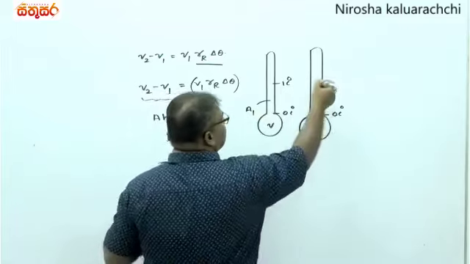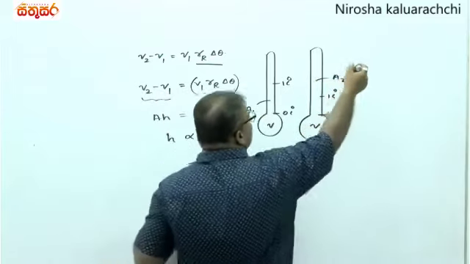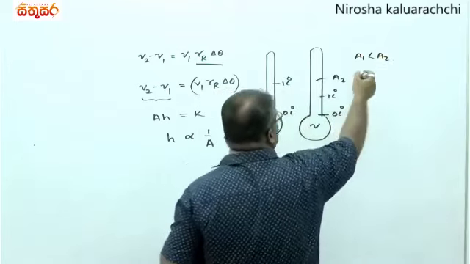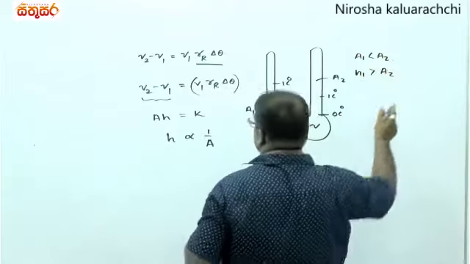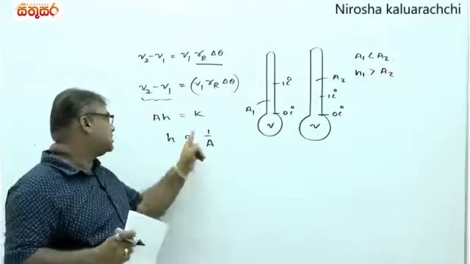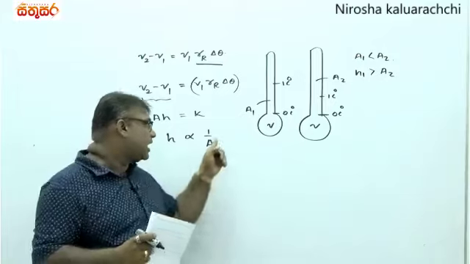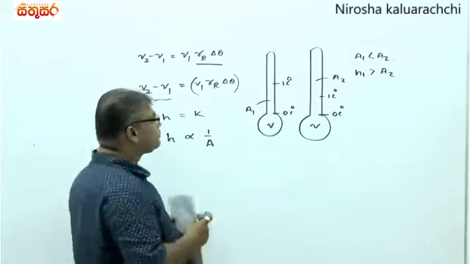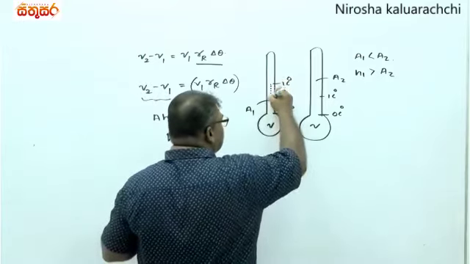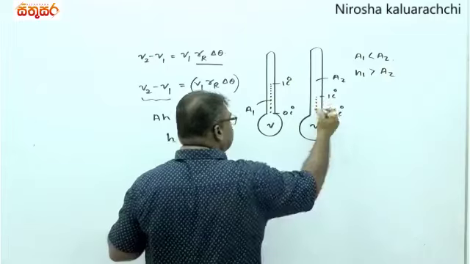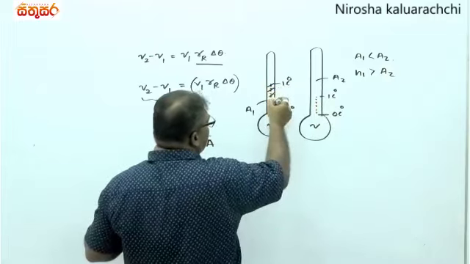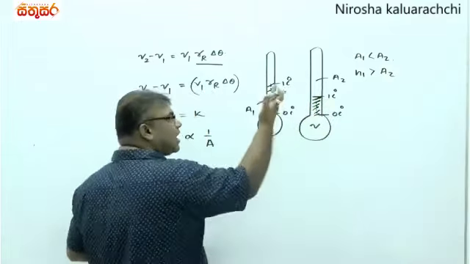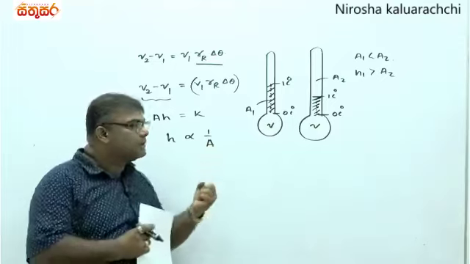This area A1, this area A2. Then area A1 smaller than A2, then the rise of the mercury column H1 is larger than H2. If area is large, height is low. If area is low, height is large. Then this one has higher sensitivity than this one, right? Anyhow, this volume and this volume are the same. As area is large, the rise of the liquid column will be low, right?